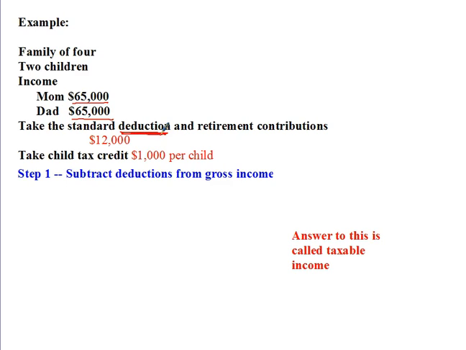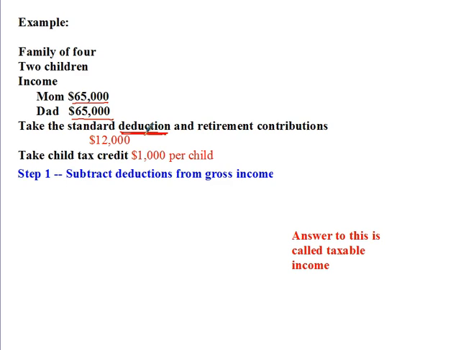In the old tax laws, and this is changing, I'm recording this at the beginning of 2018, a new tax law just passed that's going to change the size of deductions, not the way they work. I'm not going to worry about that right now.